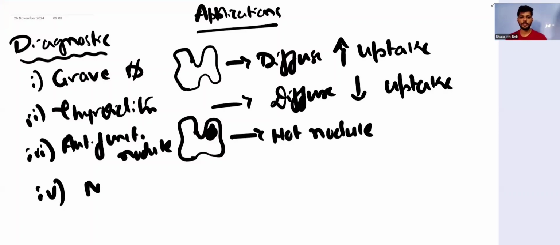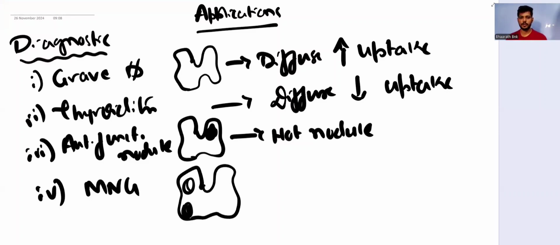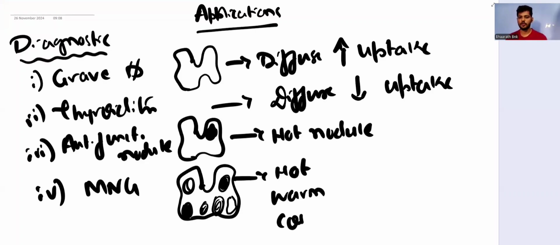Or if it is a multinodular goiter, there are multiple nodules. Each one of them has a different rate of uptake, right? So it helps us. Some of them take a lot of uptake, some of them a little uptake, some of them do not take up at all. So in case of a multinodular goiter, it helps us to classify the nodules into hot, warm, and cold nodules.